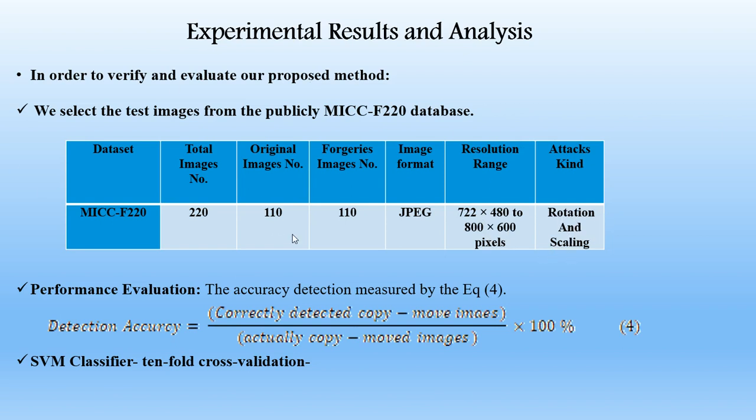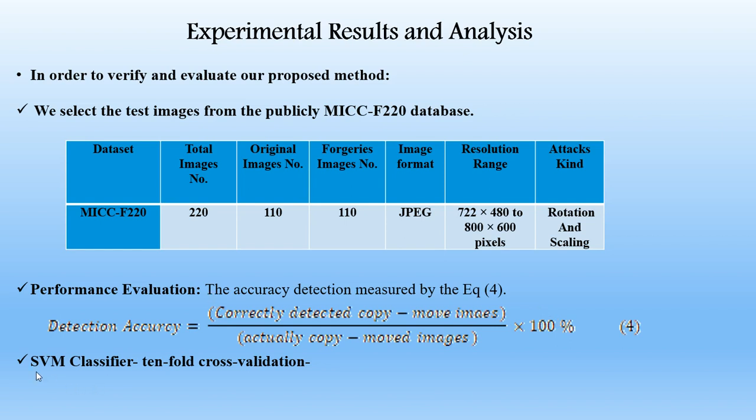After selecting these copy move images, we can use some measures for performance evaluation, like detection accuracy, by using these equations. The correctly detected copy move images divided by the actual copy move images, multiplied by 100%, produce the detection accuracy.